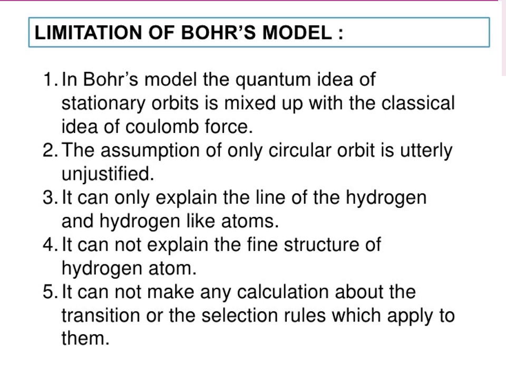It can only explain the spectral lines of hydrogen and hydrogen-like atoms, not other atoms. Have you understood? Hydrogen-like means what? Helium, lithium, beryllium. Only these are applicable; all other atoms are not.